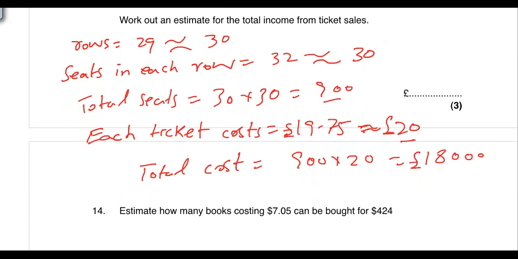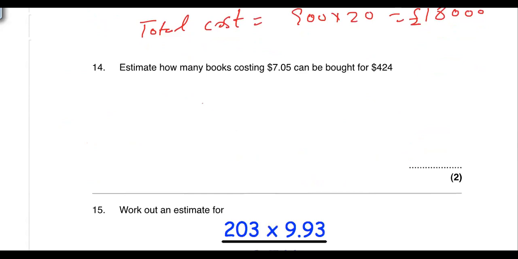Okay. So the next one also: estimate how many books costing $7.05 can be bought for $424. Now, what is the cost of each book? Cost of each book is $7.05.